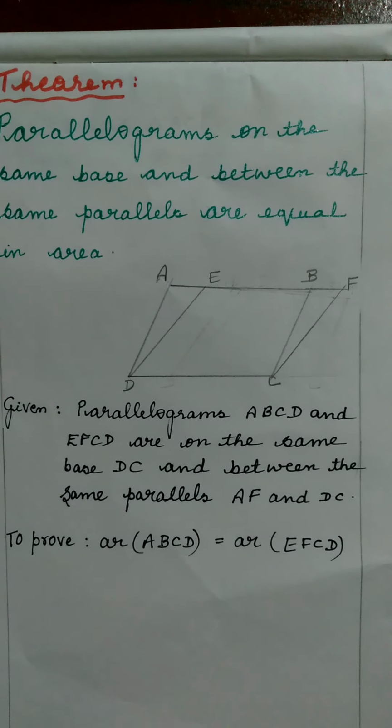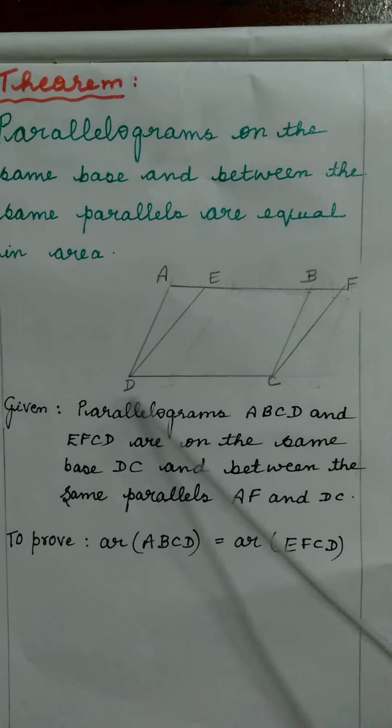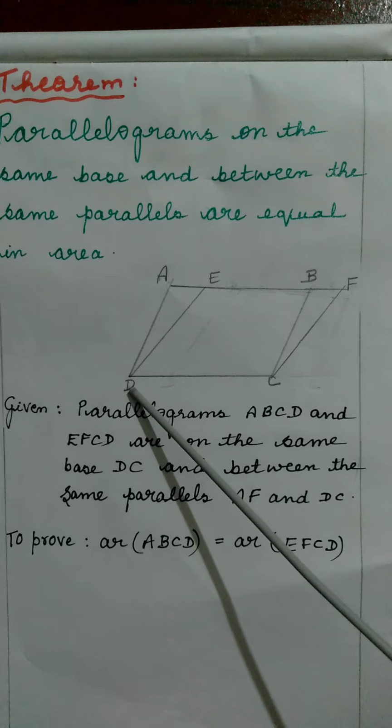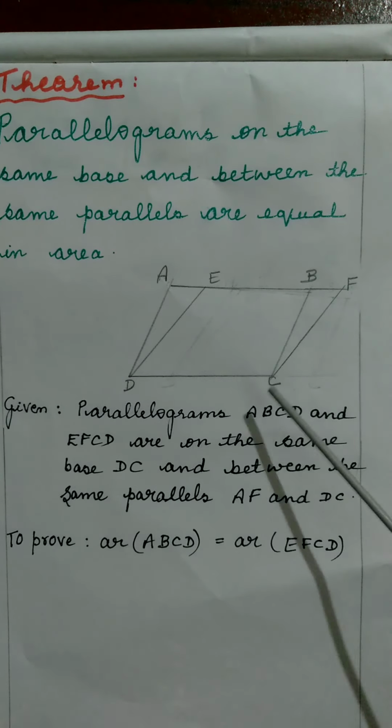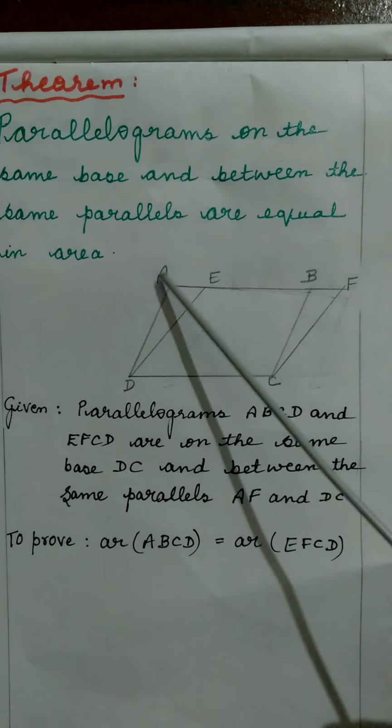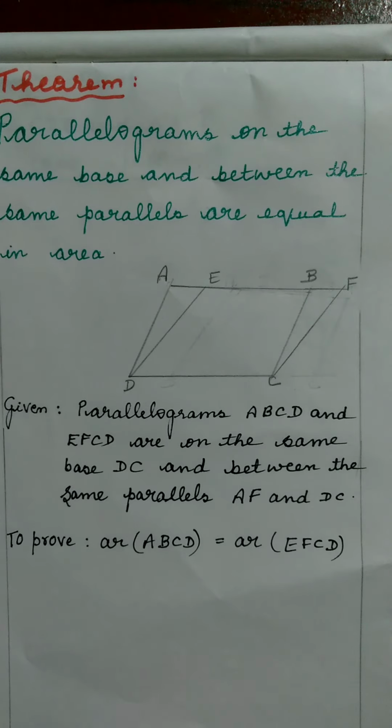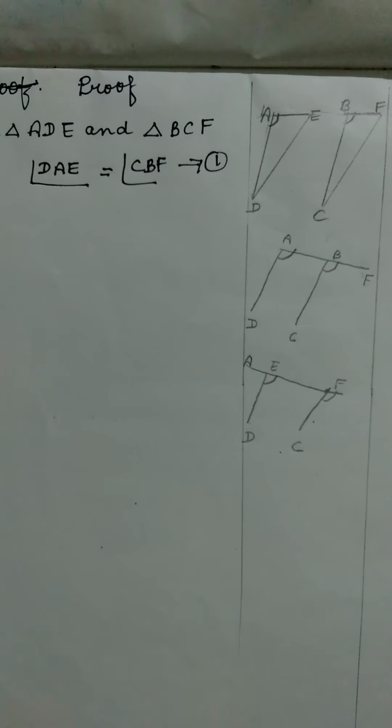Now, consider another parallelogram EFCD. In this also, we get ED parallel to FC and AF is the transversal. Again, F shape is obtained. That is corresponding angles because ED is parallel to FC and AF is the transversal.